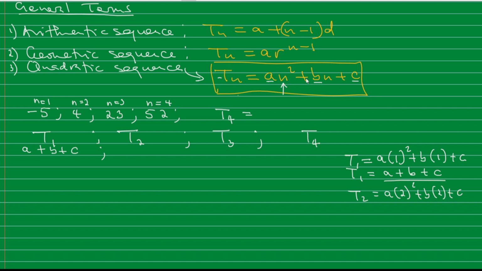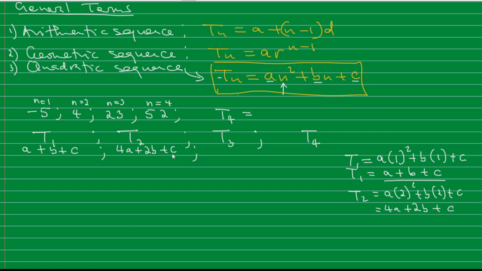We are substituting in our general quadratic expression. Simplifying, 2 squared is 4, so that is 4a plus 2b plus c. The second term is always 4a plus 2b plus c, for every quadratic sequence.